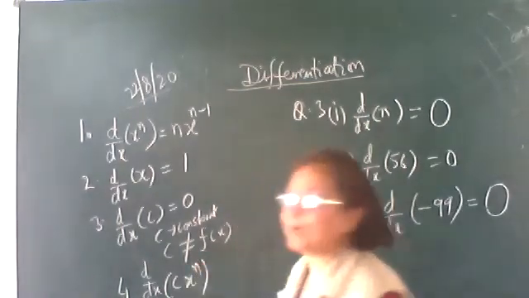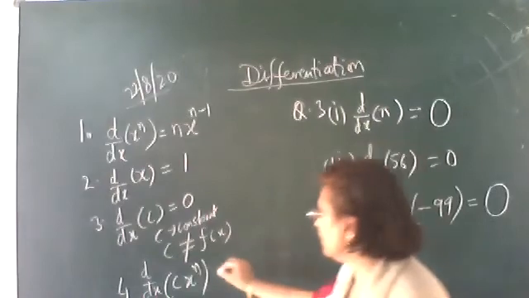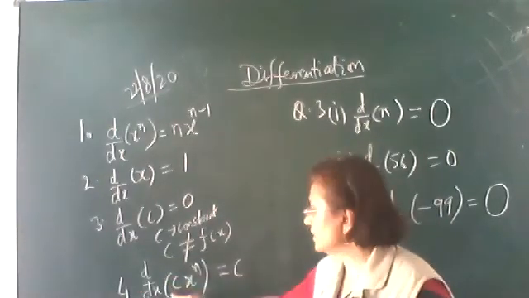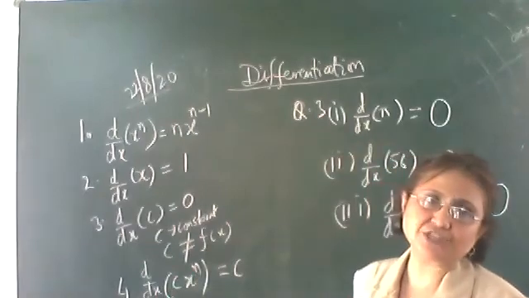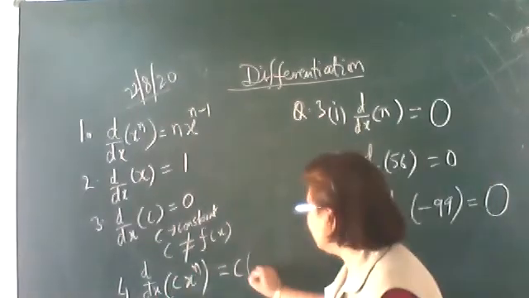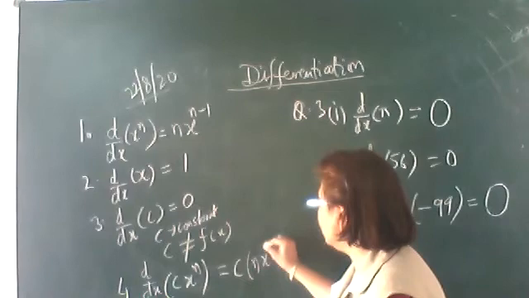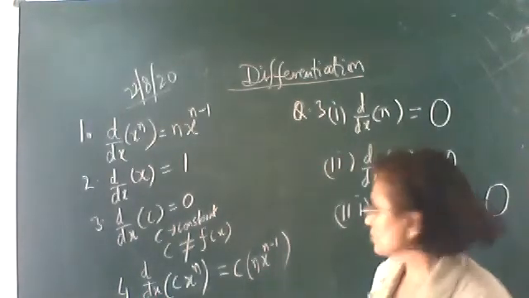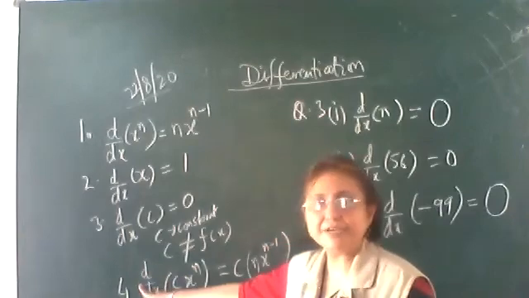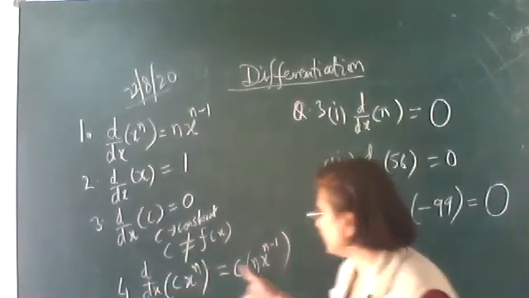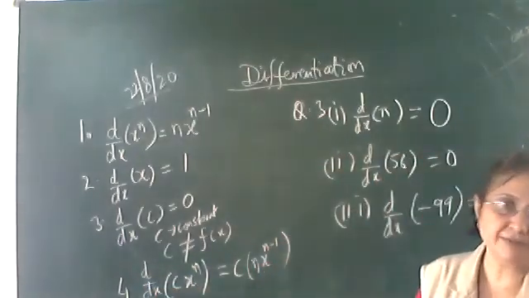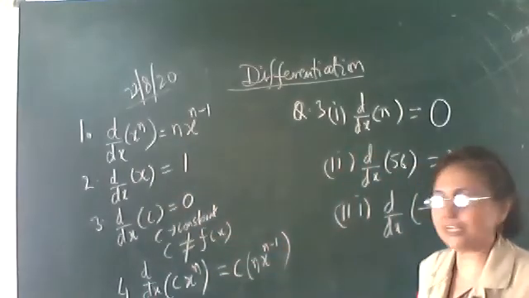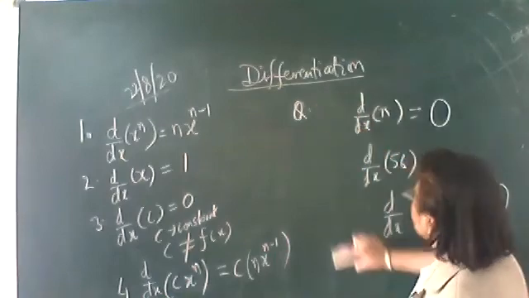A constant multiplied to x raised to the power n. C you will take outside the differentiation. d by dx of x raised to the power n, and we know that d by dx of x raised to the power n is n x raised to the power n minus 1. So c, the constant, will be taken outside and you will differentiate x raised to the power n, which we know according to the first formula is n x raised to the power n minus 1.